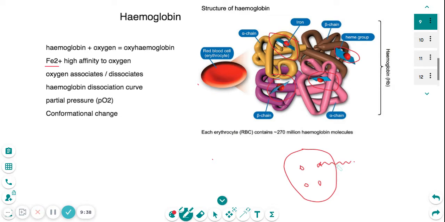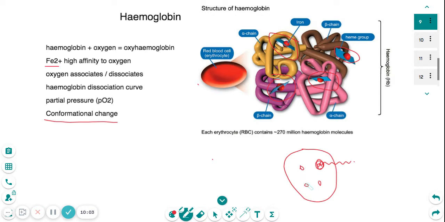Now, as soon as oxygen associates with one of these heme groups, let's say the oxygen is associated with this one, the shape of hemoglobin changes. And we say that there is a conformational change. And when that shape changes, the remaining heme groups become more exposed.